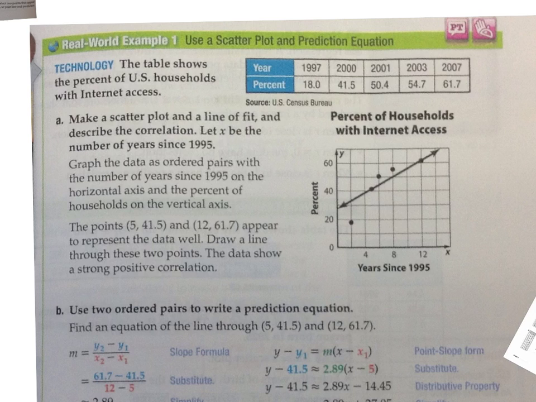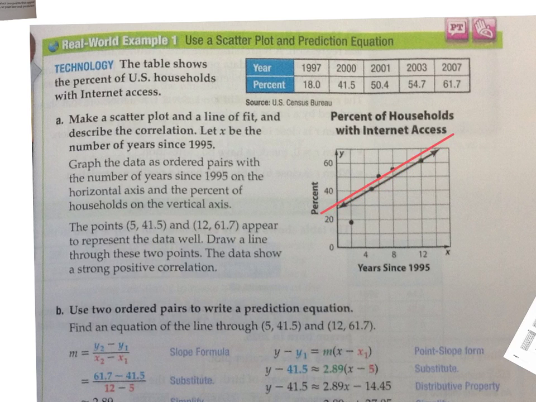Let me actually draw a line up here. You want the line, obviously they already drew it, so that's the line that best fits. But if you're drawing your line and there's too many dots underneath it or too many dots above it, that would be incorrect. So you want it to be perfectly in the middle.